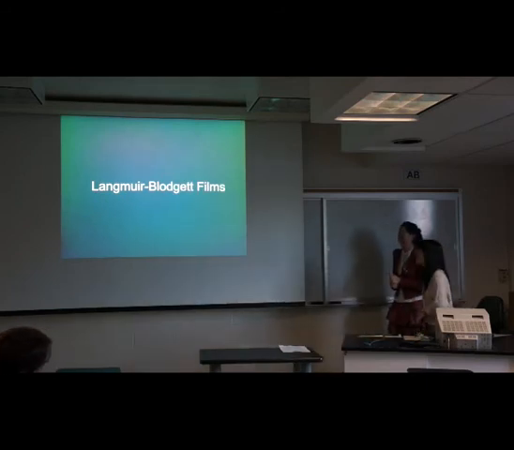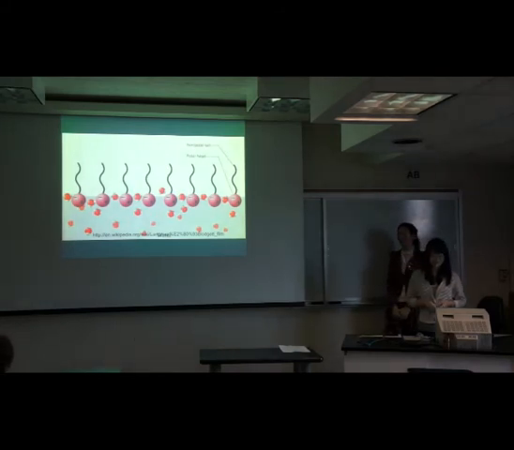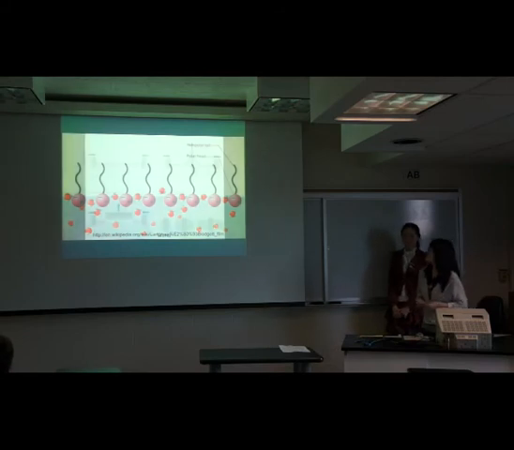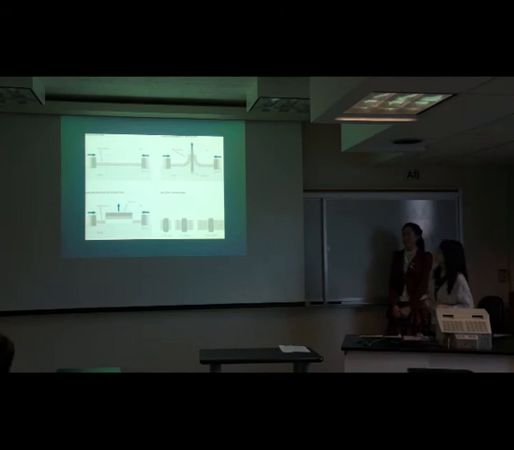Langmuir-Blodgett films are composed of amphiphilic molecules, which have a hydrophilic head and a hydrophobic tail. By immersing the solid substrate in the liquid, we can transfer the monolayer film to the solid substrate.